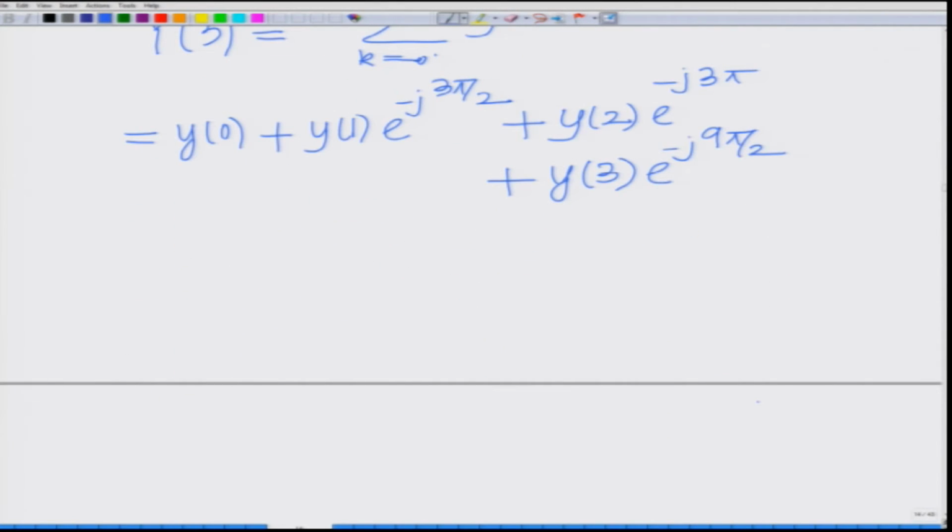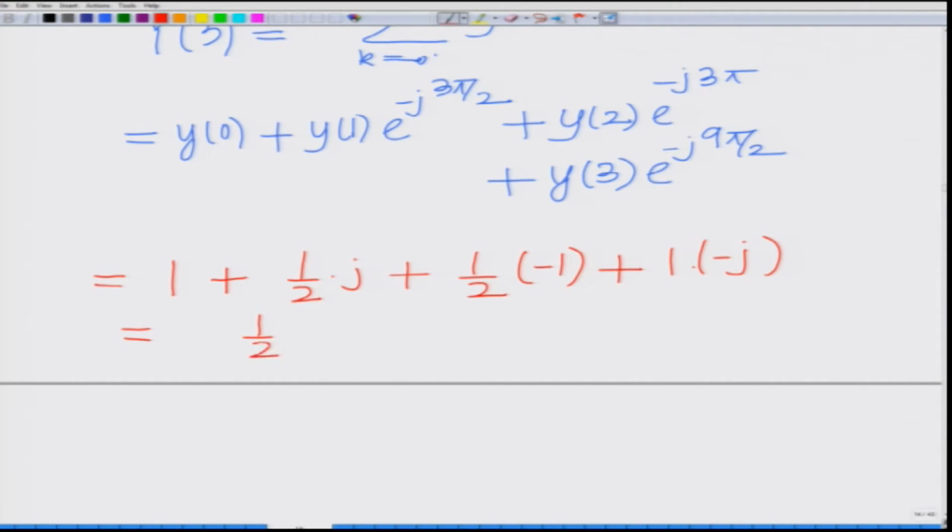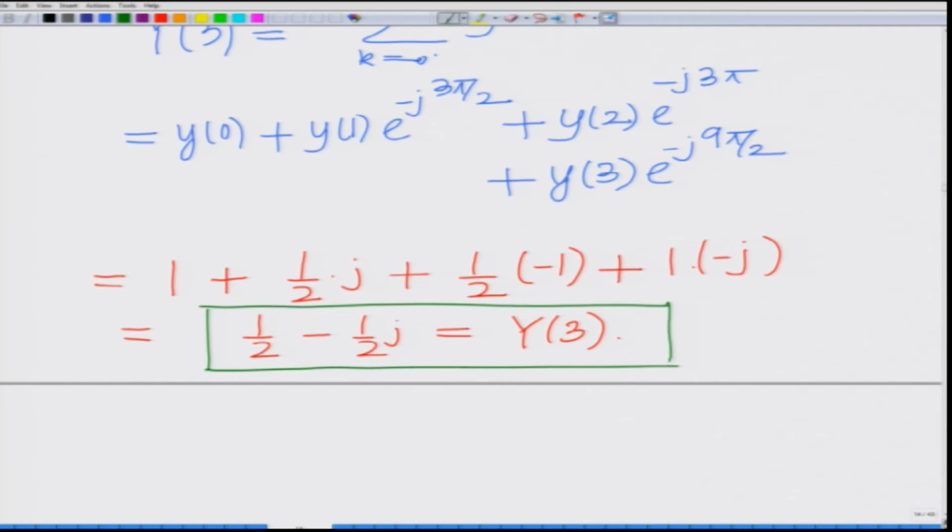This is equal to 1 plus half into j plus half into e to the power of minus j 3 pi, that is minus 1, plus 1 into e to the power of minus j 9 pi by 2, that is minus j. So, this will be half minus half j, that is Y3.